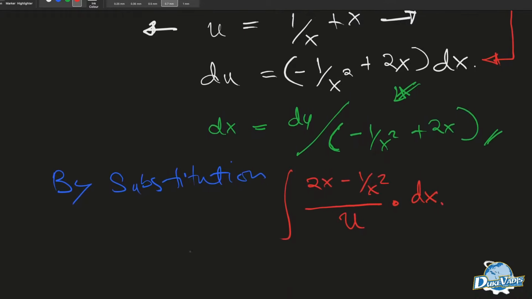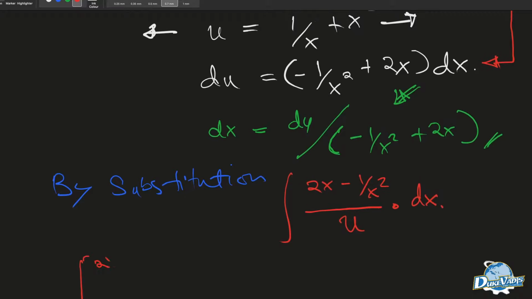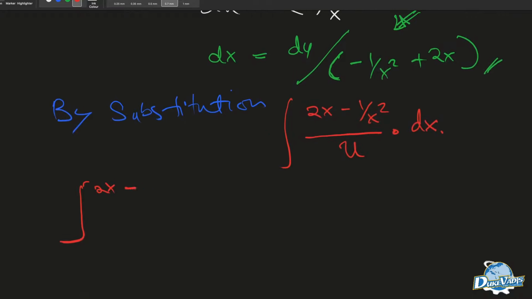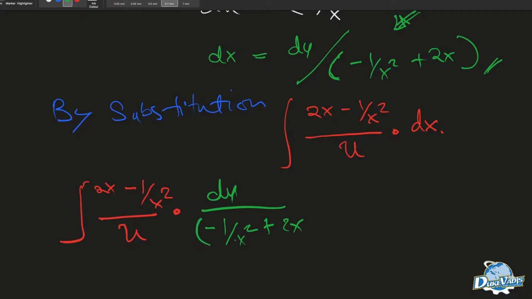Okay, so by substitution, our integral of 2x minus 1 over x squared over u, then we put the dx in its place. So this is going to be du all over minus 1 over x squared plus 2x.